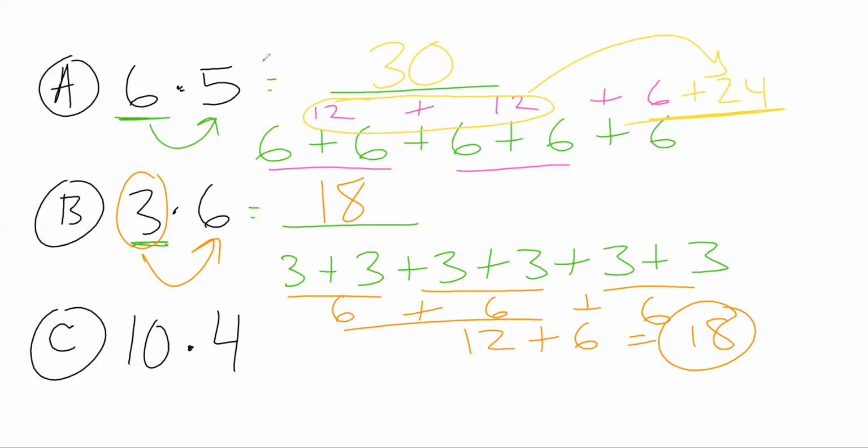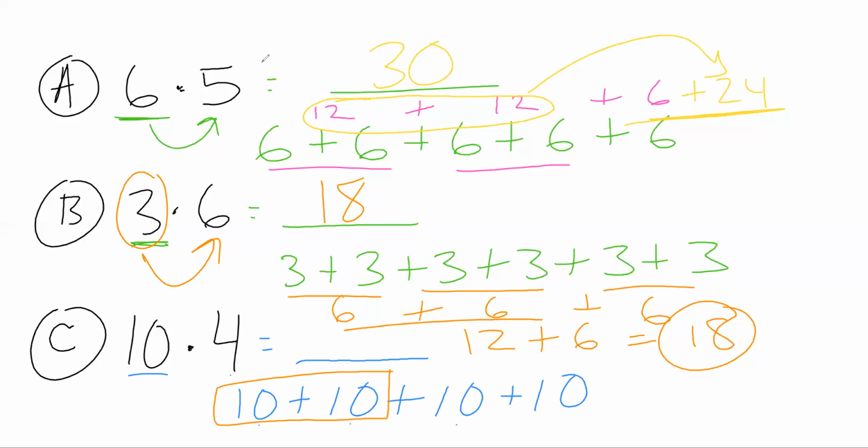So I am running out of room, so I'm going to squeeze. I'm not a big fan of squeezing. I always say do it on another piece of paper, but I'm not going to listen to my own advice. I apologize. Number 10, 4 times. So 10 plus 10 plus 10 plus 10, 1, 2, 3, 4. If I use my doubles facts, 10 plus 10 gets me 20.